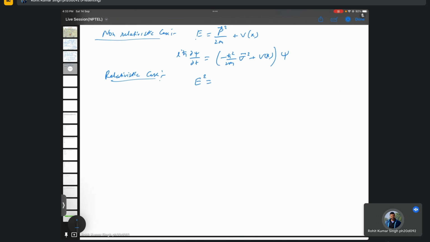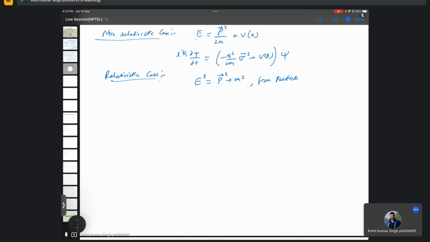Here the energy squared is equal to the three-momentum squared plus mass squared for a free particle. Let's not talk about any potential. We will see what happens when there is a potential applied. Okay, so for a free particle, this is what we have.